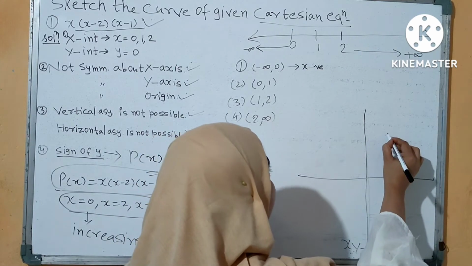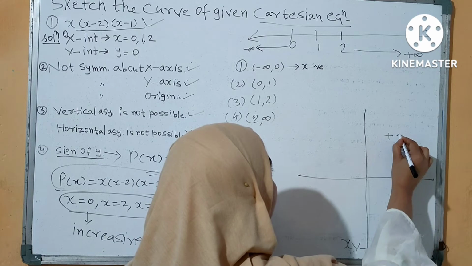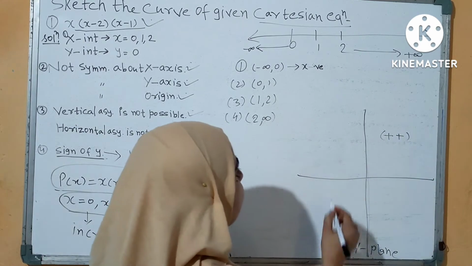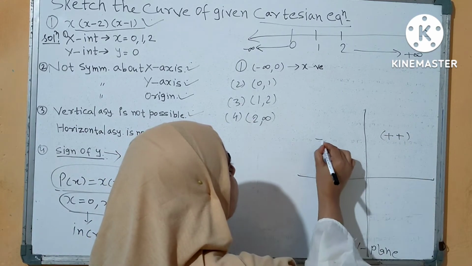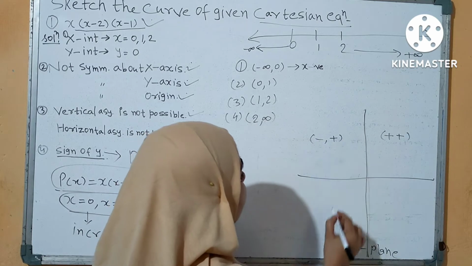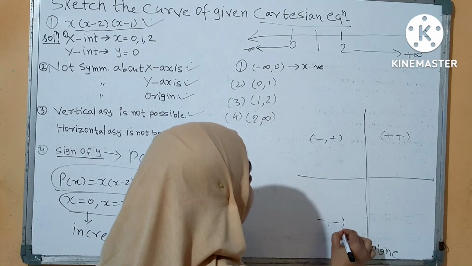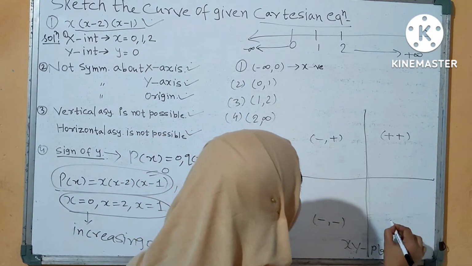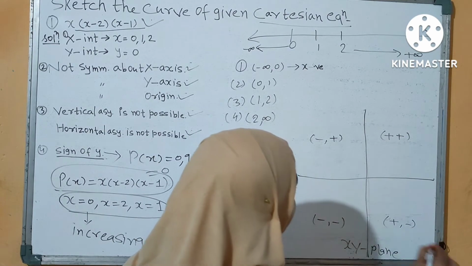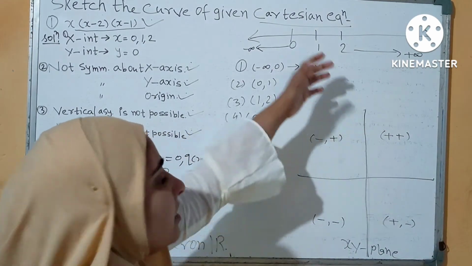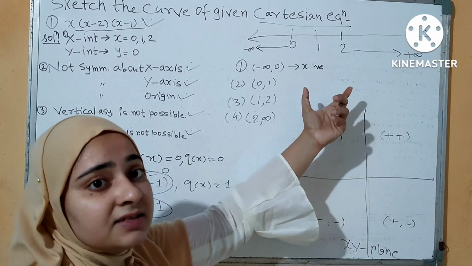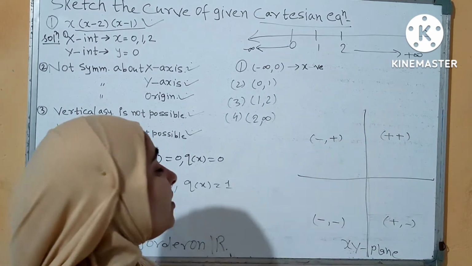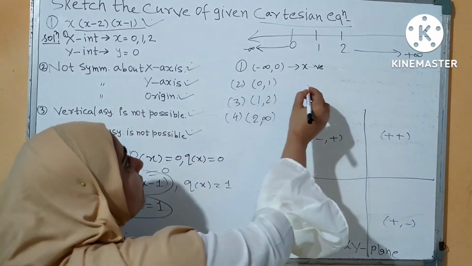This is the first quadrant, which is plus plus. The second quadrant is minus plus. The third quadrant is negative negative, and the fourth is positive and negative. From here you can guess in which interval your y will come.